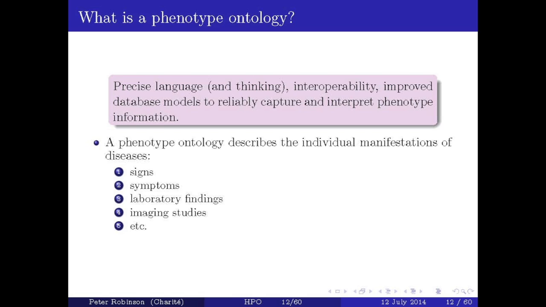Lab findings, so blood tests, enzyme activities, imaging studies, so chest X-ray, MRI, neurophysiology, behavioral abnormalities, basically anything that a physician would use in the differential diagnostic process to try to figure out what a patient has is within the scope of the HPO.